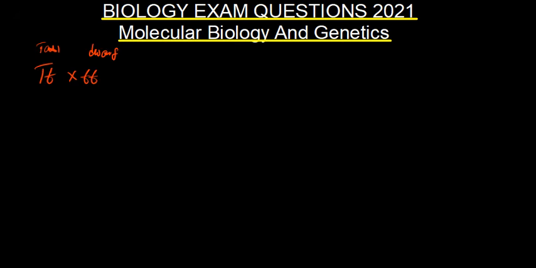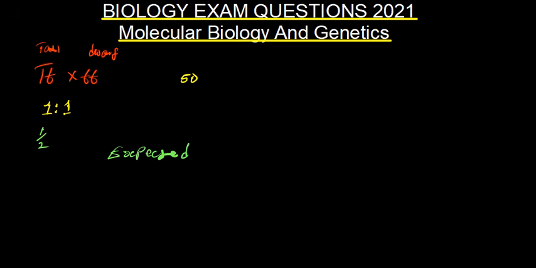If you conduct this particular cross, you know that the expected ratio is 1 to 1, that is, 50-50. So if 50 plants were produced from this cross, I'm using these ratios to come up with the expected values from that cross.